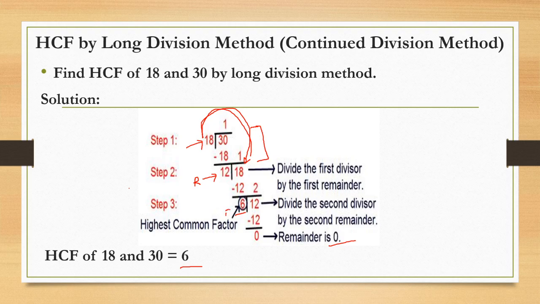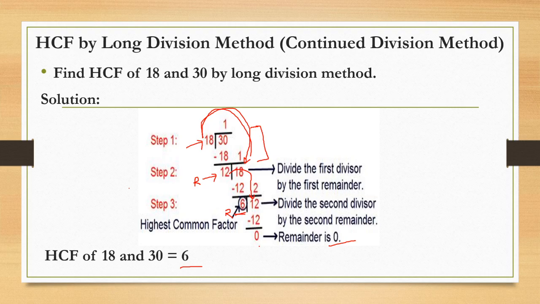Now again this remainder becomes divisor and this divisor becomes dividend. Now in table of 6 we divide this 12 by 2 times. After division we got 0. Whenever we get the remainder as 0, then that number is known as HCF of 18 and 30.